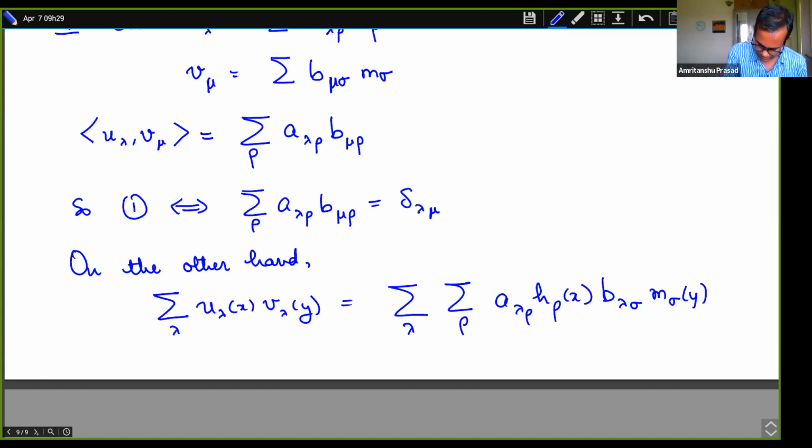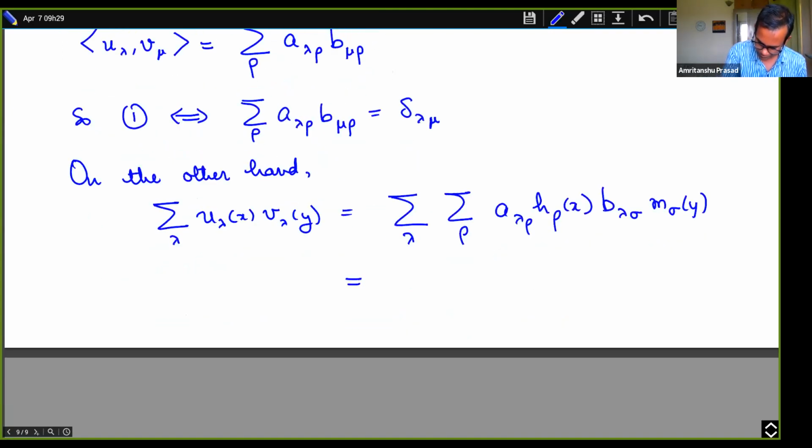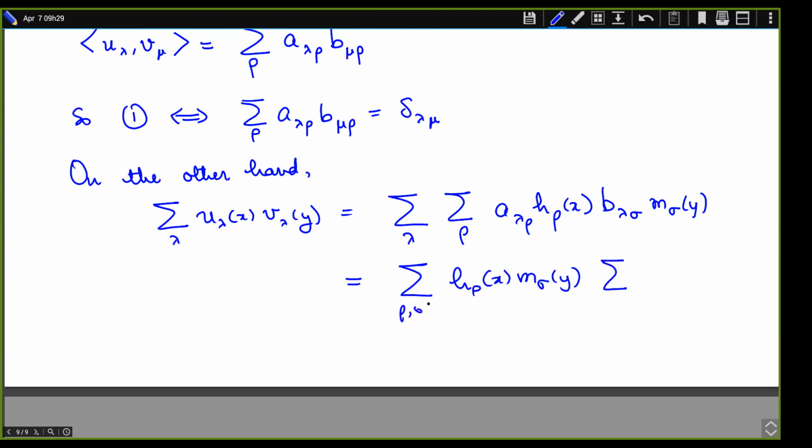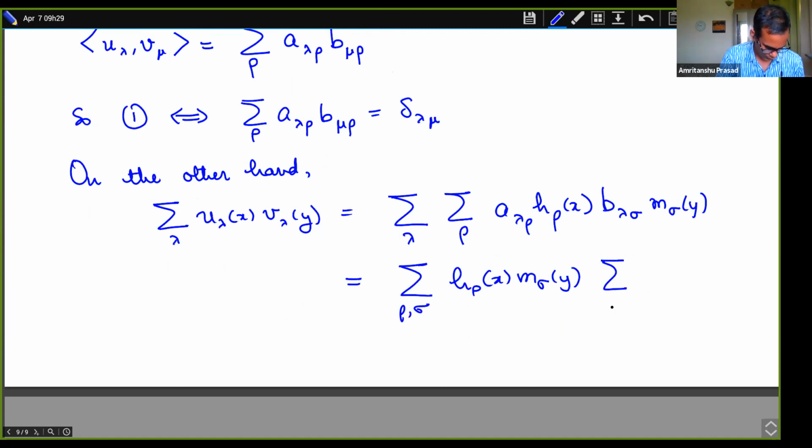Now let's just collect the coefficients. The coefficient of h rho x m sigma y will be the sum over lambda of a lambda rho b lambda sigma.